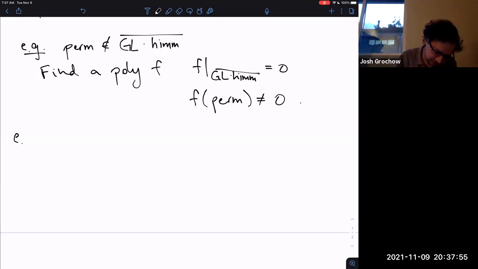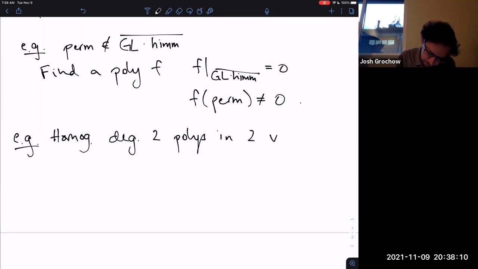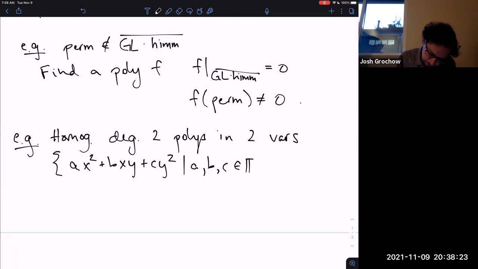So again, in that first lecture, Christian gave the very nice example of the space of homogeneous degree 2 polynomials in 2 variables. So this is a x squared plus b xy plus c y squared for all a, b, and c. You can look at the polynomial b squared minus 4ac.